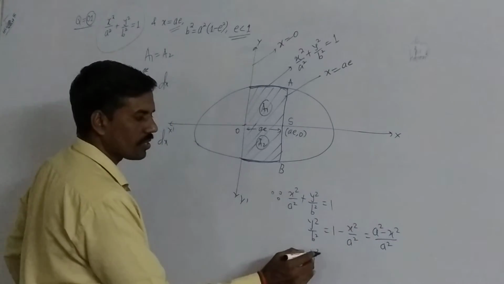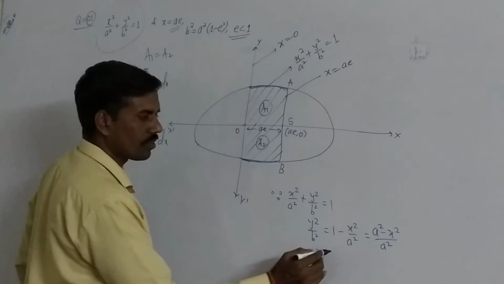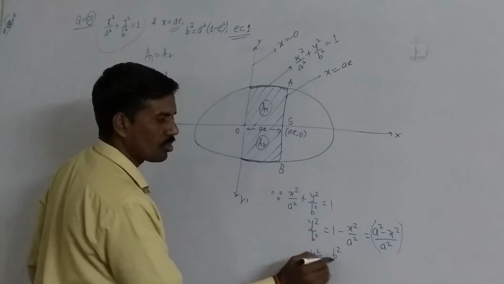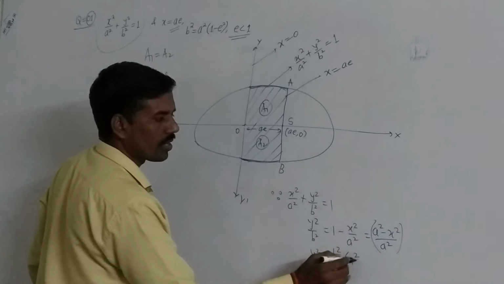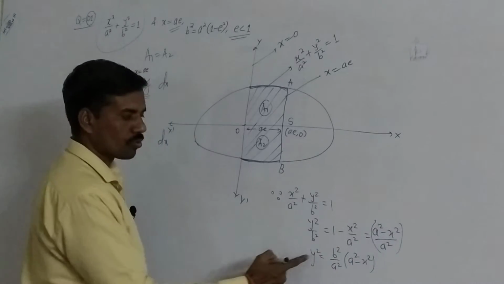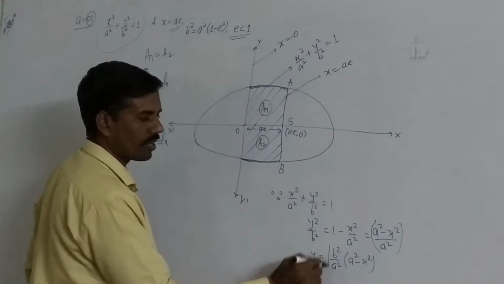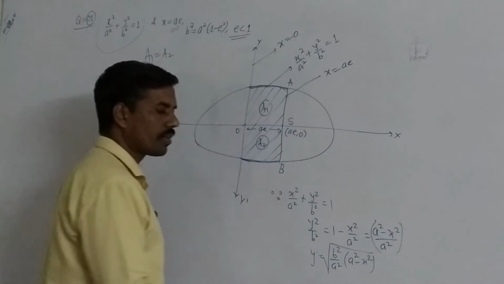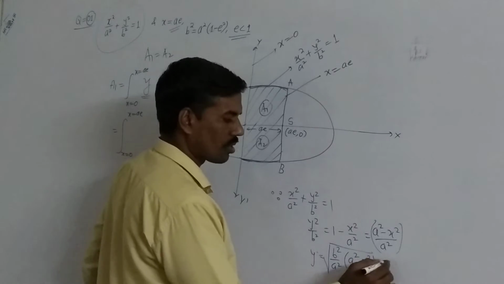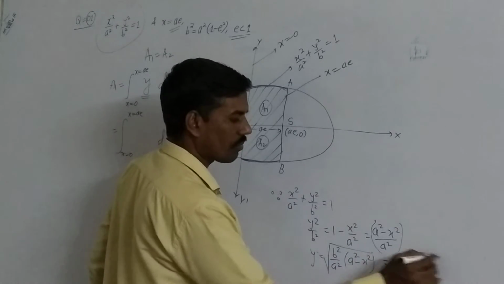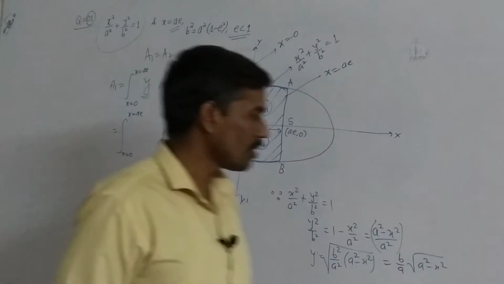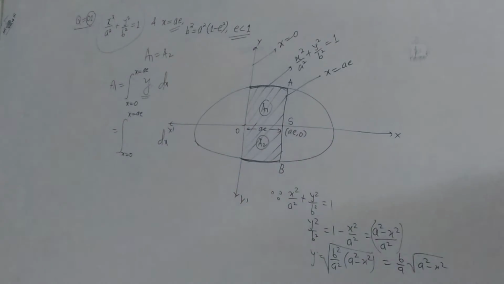So y square is equal to b square multiplied with a square minus x square upon a square, which is b square upon a square times a square minus x square. So y is under root of b square upon a square into under root of a square minus x square, that is b upon a under root of a square minus x square. Okay, y is b upon a under root of a square minus x square.